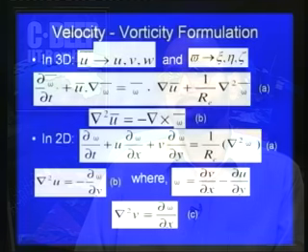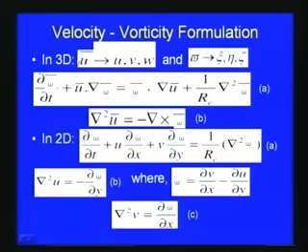If we consider the three dimensional formulation, the velocity vectors are u, v and w, and the vorticity components are as written here. I am not going into the derivations of these equations. You can see the derivations in various fundamental books where the Navier-Stokes equations are derived, and in research papers. Finally, the equations are generally expressed like this.